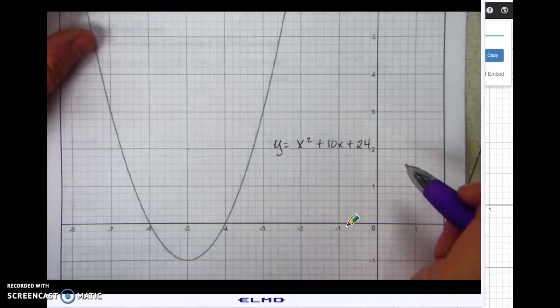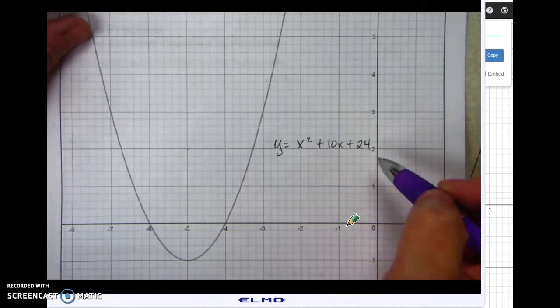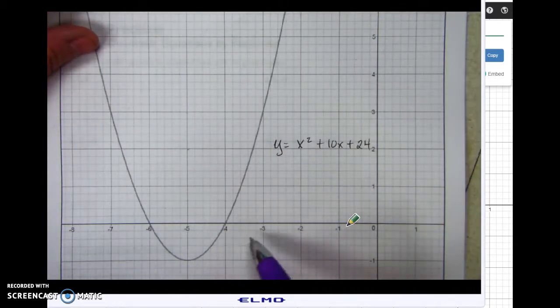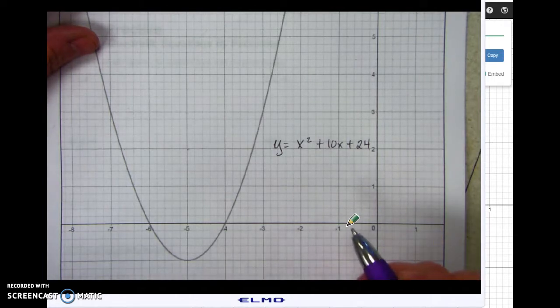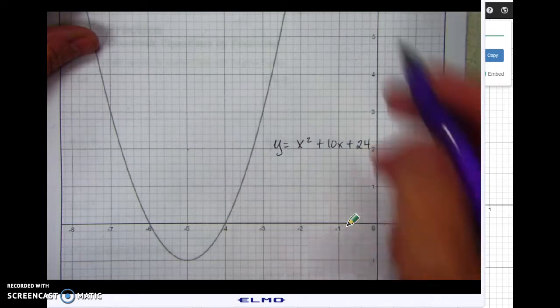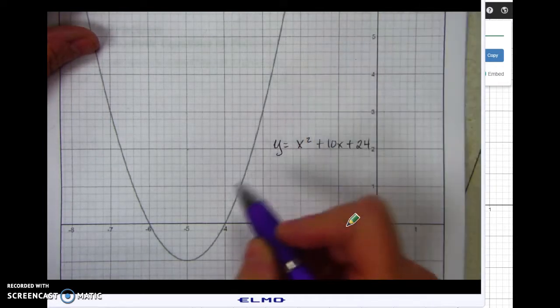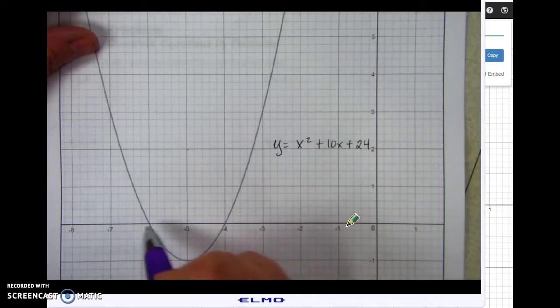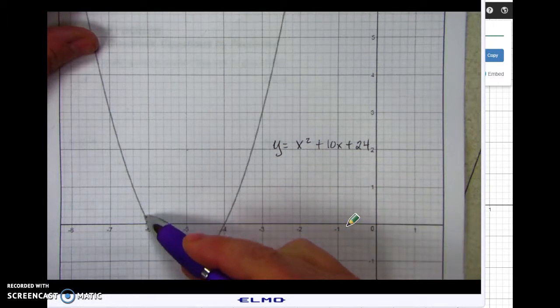Why do we factor? The point of factoring is to figure out the zeros. And when we say zeros, what we're talking about is the places where we cross the x-axis. So this graph, again, is coming down.